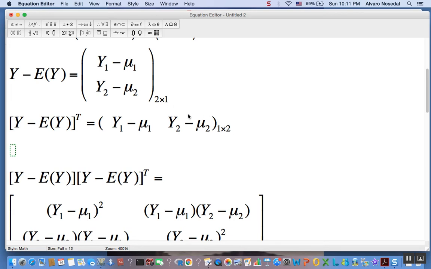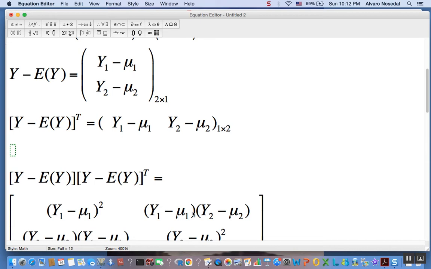These dimensions work to compute a matrix product, but the result is going to be a 2 by 2 matrix, right? Makes sense? So the first element of that 2 by 2 matrix is going to be y1 minus mu1 times y1 minus mu1, y1 minus mu1 squared, right? The second one would be y1 minus mu1 times y2 minus mu2, right?